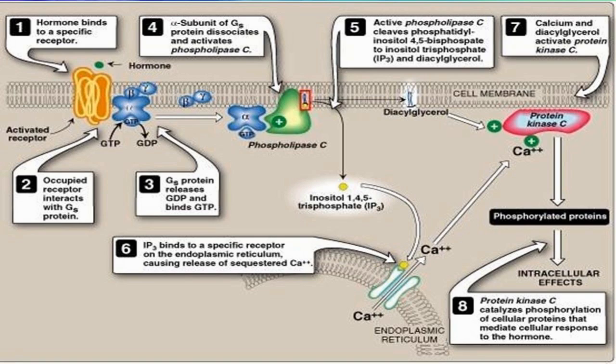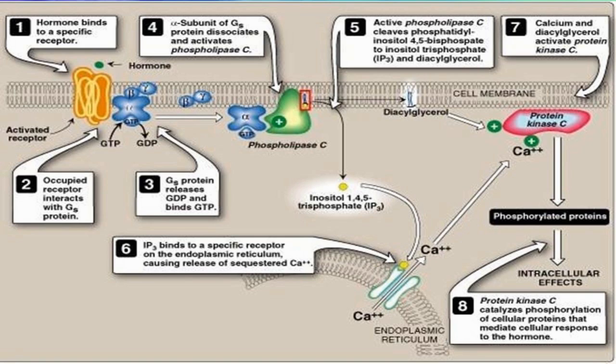Now, IP3 is released from the plasma membrane and it can interact with an IP3 receptor that exists on the endoplasmic reticulum. This receptor forms a channel allowing for the release of calcium ions from the ER to the cytosol.